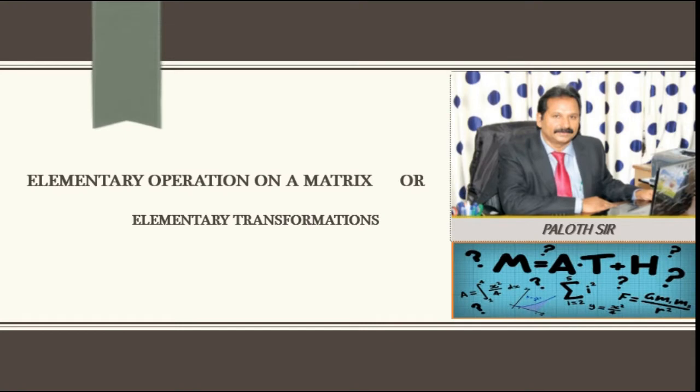Hi, elementary operation on a matrix, or elementary transformations. See here, if you take two square matrices, one is A, another is B. If you get the product equal to some identity matrix, this is equal to B times A, commutative.